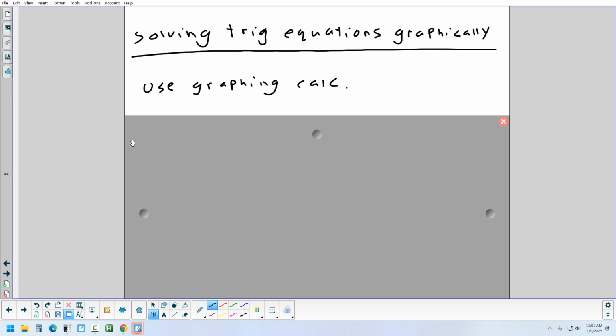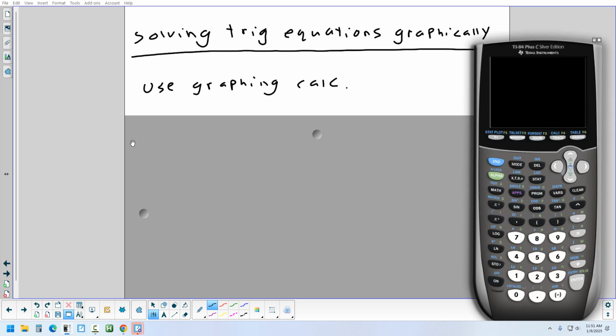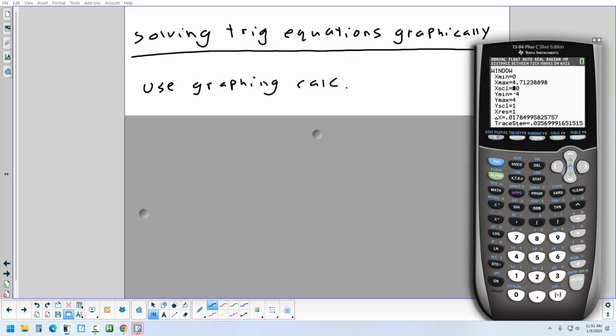All right, so let's finish up with something we pretty much did yesterday, solving again on the calculator. This time I might give you a tangent one, or a cotangent, or a cosecant to solve. Now, yesterday I might have given you something like this. Actually, let me do zoom 7 so I can zoom out.